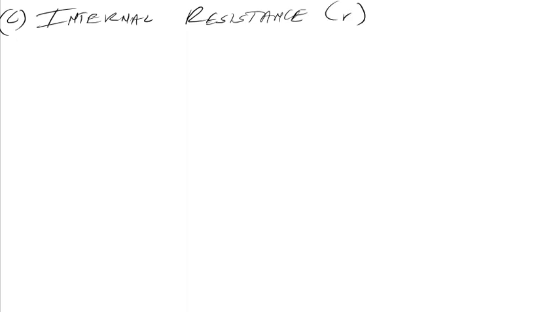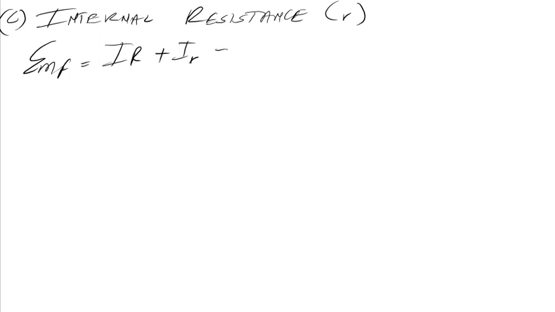In order for you to calculate it, the formula says EMF is equal to IR plus Ir, small r. Remember, for the internal resistance, the I is always in series with that.